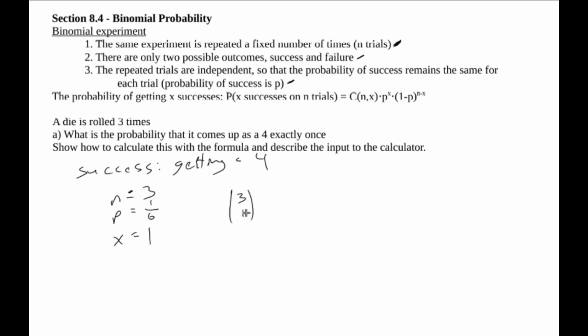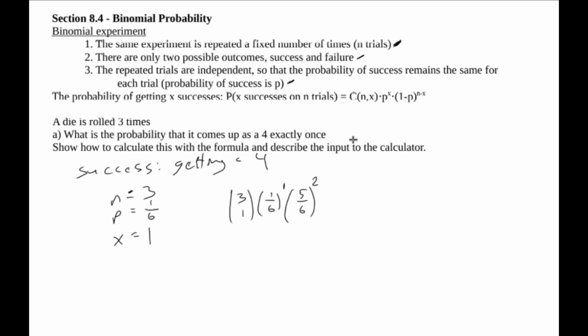We're essentially picking a sample of one of those trials. P to the x, that's 1/6 to the 1. So that's the probability that we get a 4 exactly once. But if we get a 4 exactly once, that means we also have to get 1 minus p, that's 5/6, which is the probability of getting something other than a 4, the remaining 2 times.